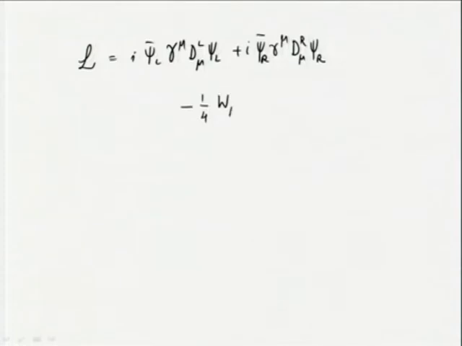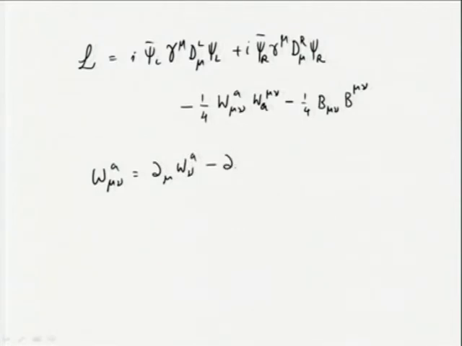So, the usual notation is minus 1/4 W_μν^a W^(μν a) minus 1/4 B_μν B^μν, where W_μν^a is defined in an exactly similar way as G_μν: ∂_μ W_ν minus ∂_ν W_μ, and a non-abelian term g ε^(abc) W_μ^b W_ν^c.